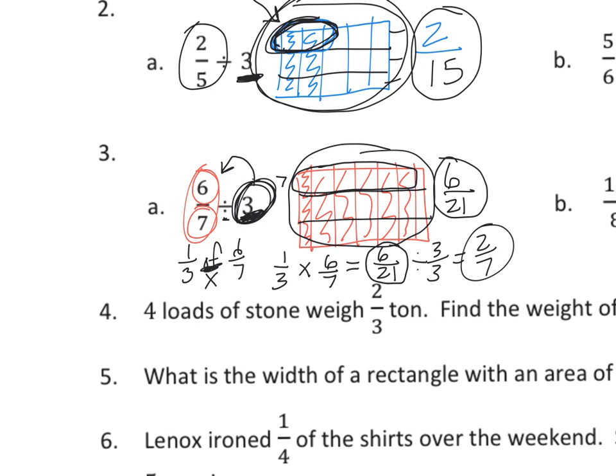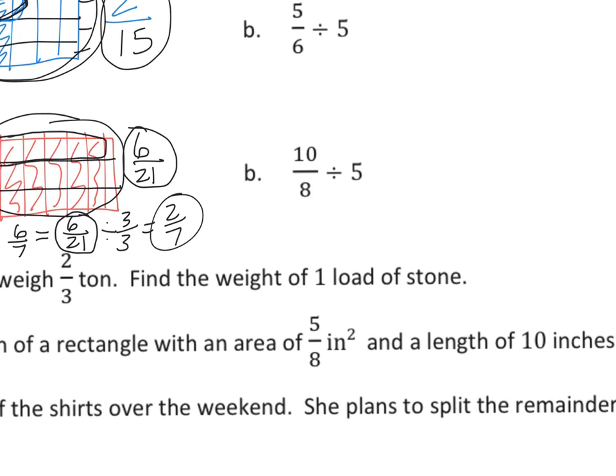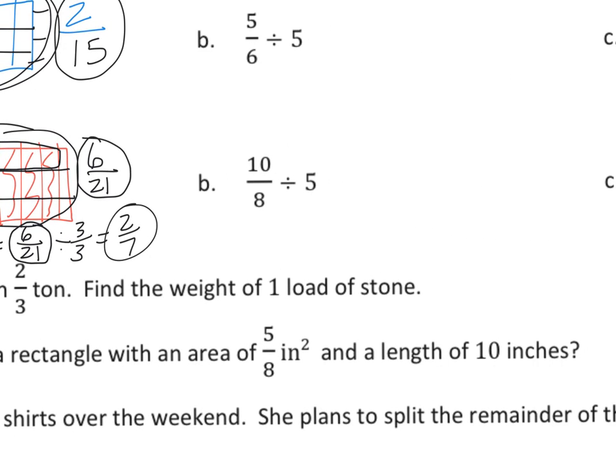So that's the way I want to look for B, because B, now we have a fraction greater than 1, so the diagram looks quite a bit different, and it's a little more challenging, but I don't really have to do that because when I'm dividing by 5, I'm trying to find 1/5 of 10/8.